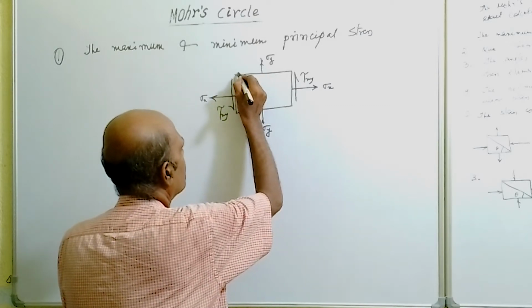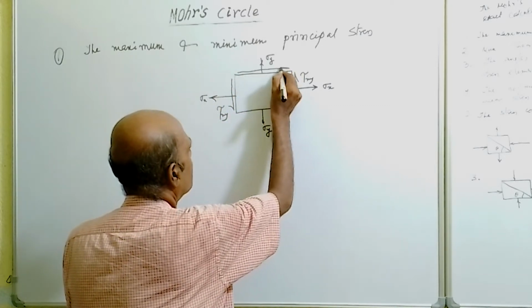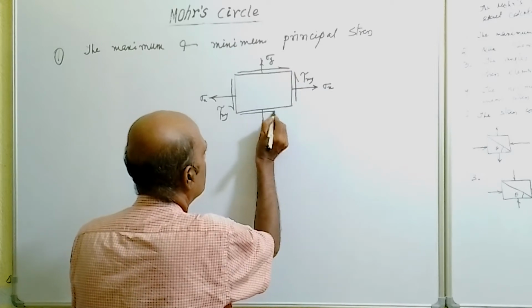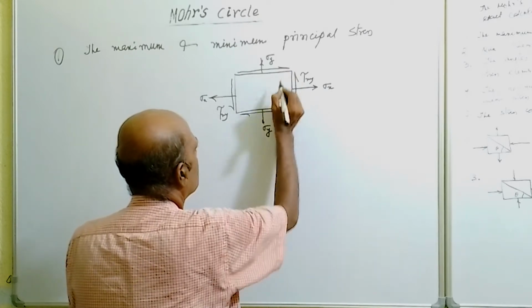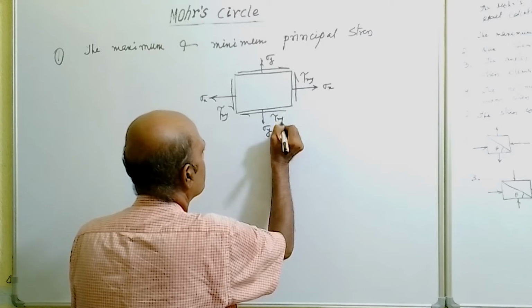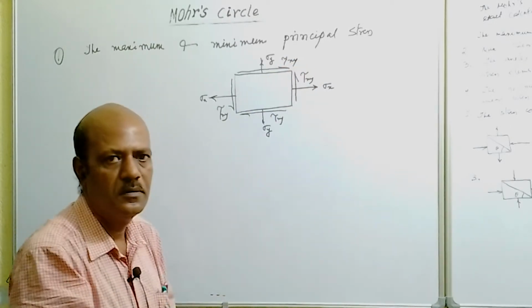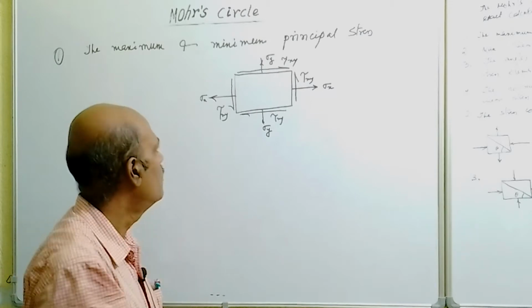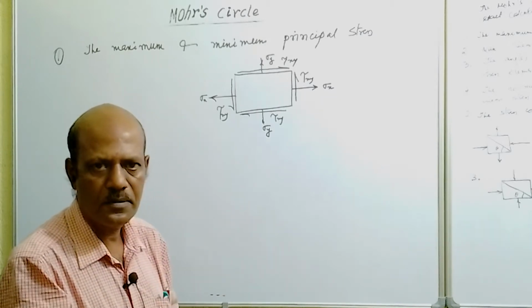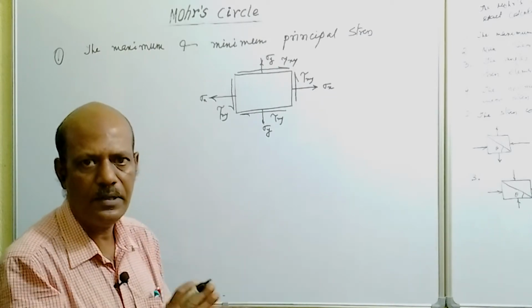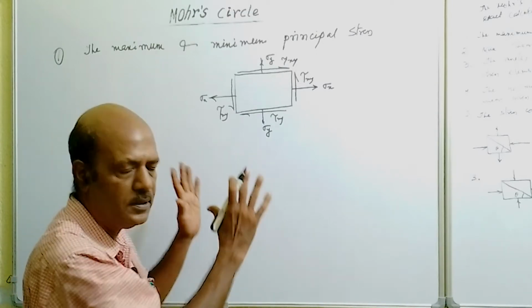The complementary shear stress will develop on the y face, that is tau xy. Now we have to find the maximum and minimum principal stress developed in that body.